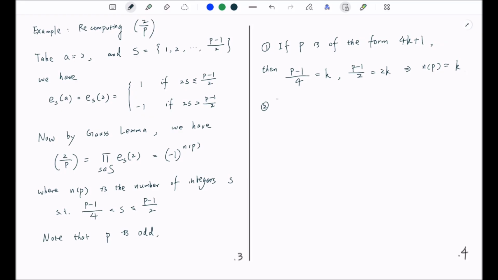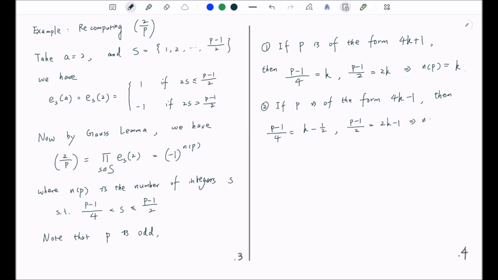And second, if p is of the form 4k-1, where k is an integer, then (p-1)/4 is k - 1/2, and (p-1)/2 is 2k-1.